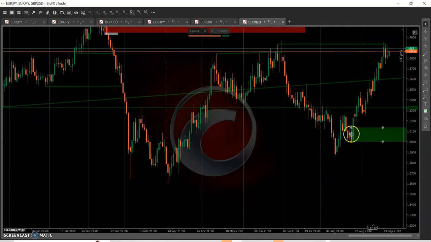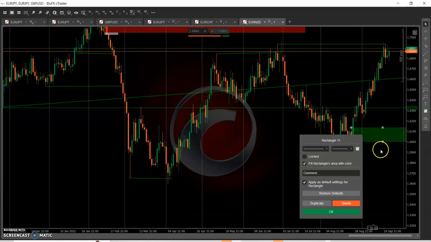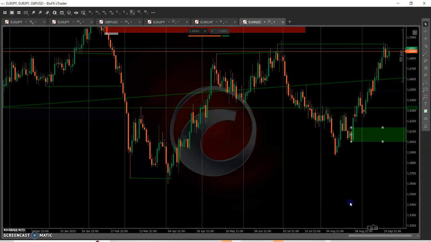So if there's liquidity below this point, you know that price is going to pass it. So now we can see that there's liquidity here. There's liquidity here, so price is surely going to pass through this one. So this one is a no today because we have liquidity right below it.